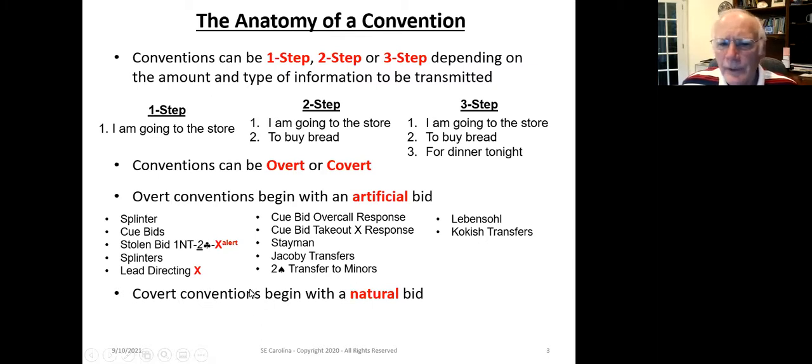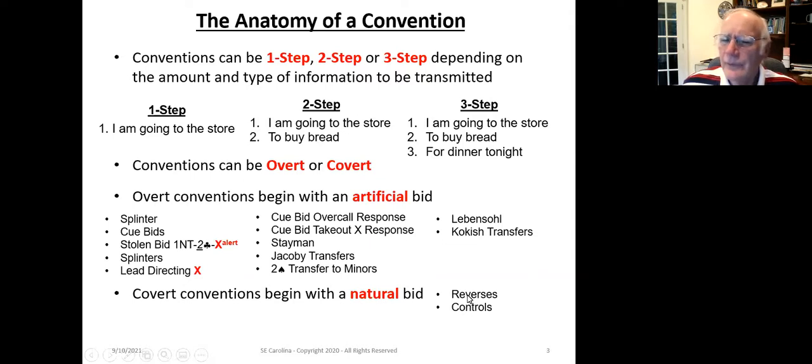Okay, in covert conventions, we bid again with a natural bid, not an artificial bid, so nobody can recognize it's actually been initiated. A couple of examples are reverses and then controls.